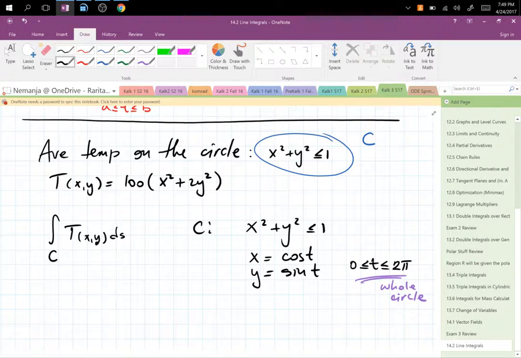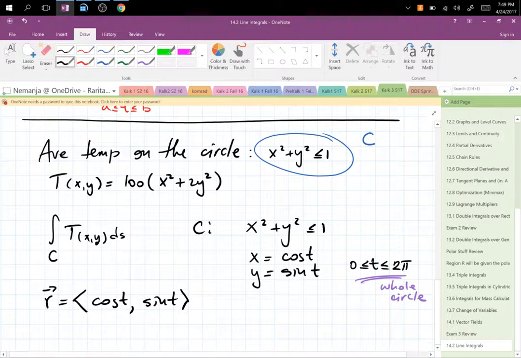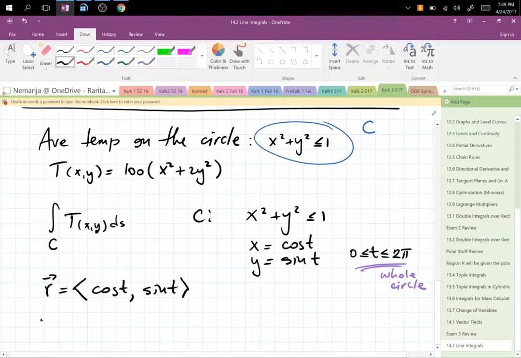So now that I have my parametrization, you probably forgot so far, because it's been, well, sometimes like 7-8 years ago, when you wrote that vector r was the parametrization vector. You remember that? So that you can get your r prime. This is chapter 12 or 11. 11. Derivative of cosine is negative sine t. Derivative of sine is cosine.